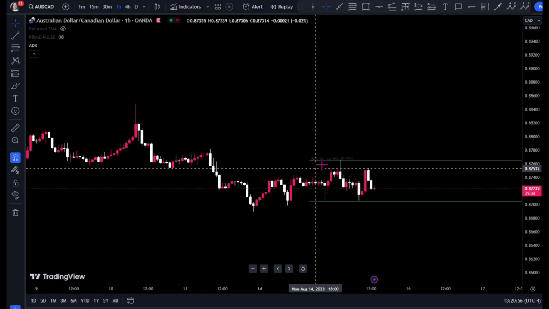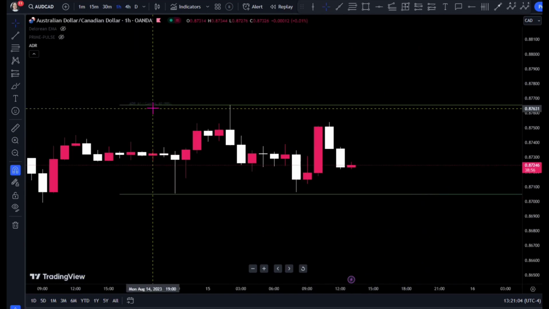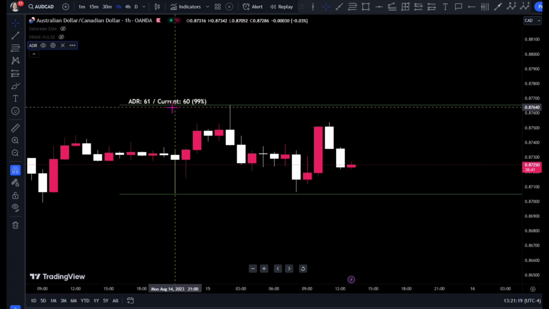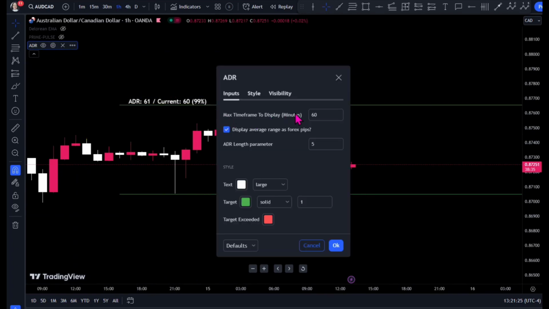It's giving you an ADR of about 61, and I'll zoom in so you can see it. So an ADR of about 61. Let's see if I can make this a little bit bigger. Let's do white. Let's do large. There we go. It's going to show you the information here, and you can go in and change the settings to be whatever you want. The length parameter, the max time frame to display.